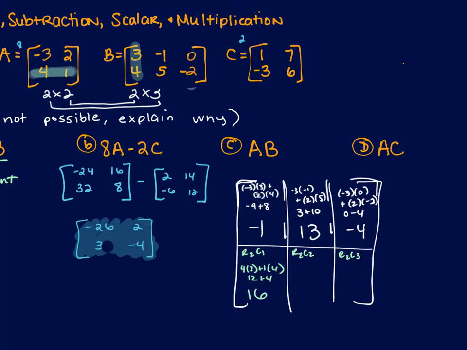Then row 2, column 2, 4 times negative 1 plus 1 times 5, negative 4 plus 5, which is 1. Row 2, column 3, 4 times 0 plus 1 times negative 2, and I get 0 minus 2, negative 2.